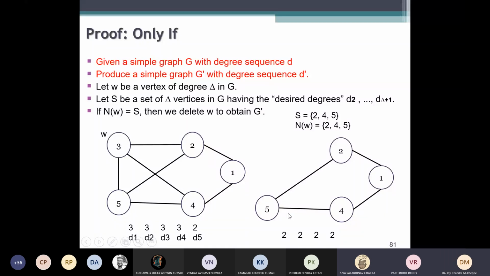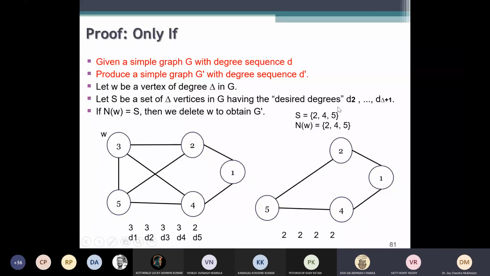And this is not always happening. In this case, it is happening. We will see some cases where it is not happening. It is only happening if, with respect to this graph I am explaining, delta is 3. So W is a vertex of degree 3 in G. Let S be a set of 3 vertices in G having the desired degrees D2, D3 and D4, that is 3, 3 and 3.